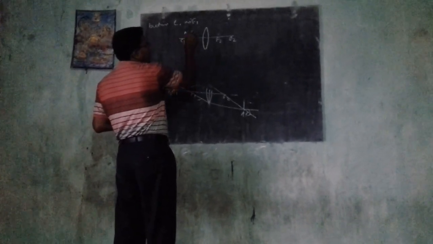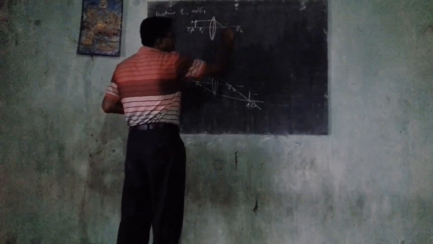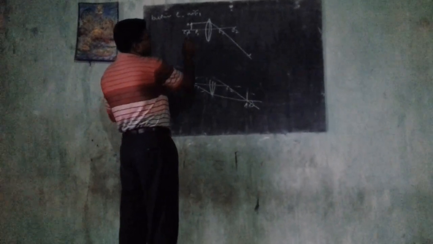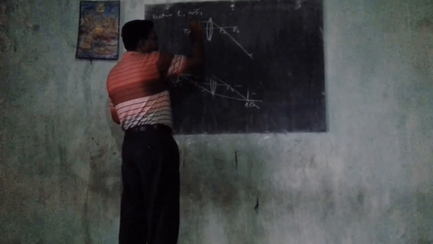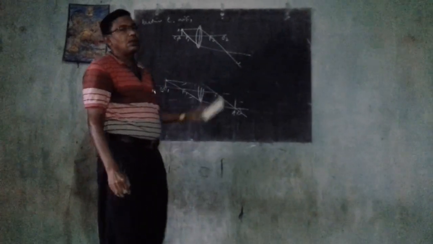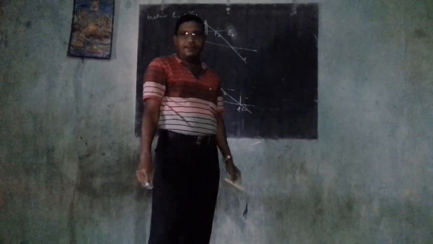One ray parallel to the principal axis, after refraction passes through the focus, and another ray through the focus goes parallel to this. So now the image is formed after the center of curvature.